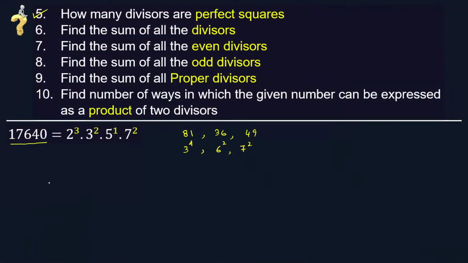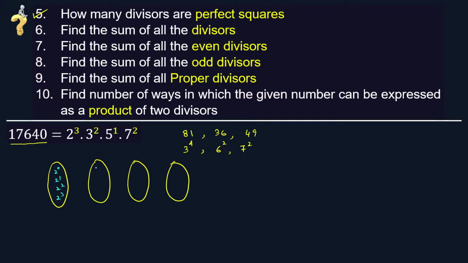So now, in 17,640, let me first draw 4 sets over here, because we are having 4 primes. And we are having 2 to the power 0, 2 to the power 1, 2 square, 2 cube. 3 to the power 0, 3 to the power 1, 3 square. 5 to the power 0, 5 to the power 1, 7 to the power 0, 7 to the power 1, 7 to the power 2.